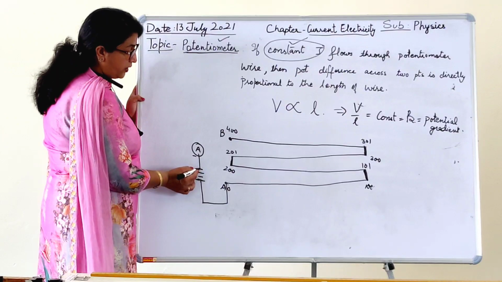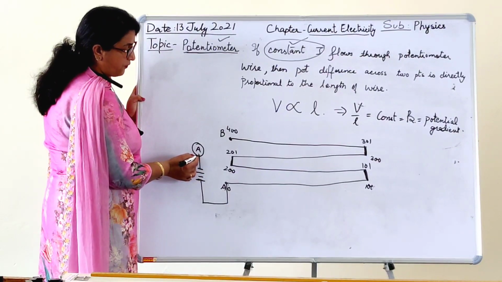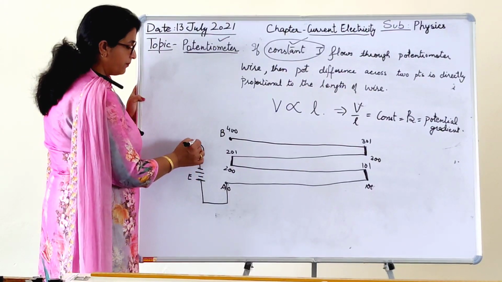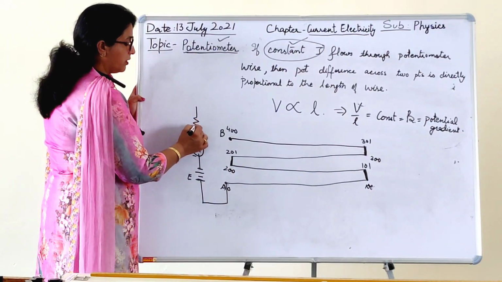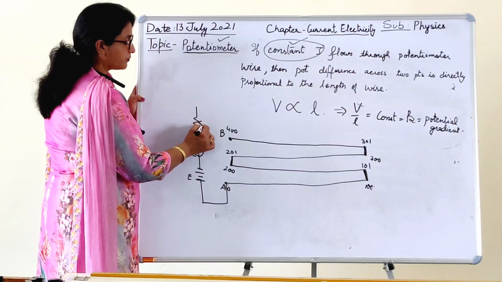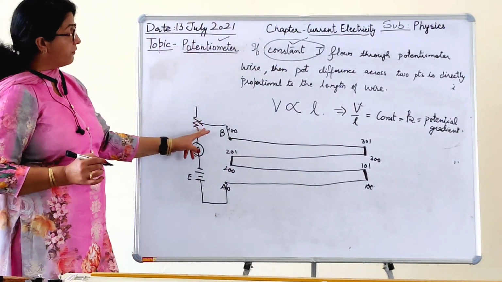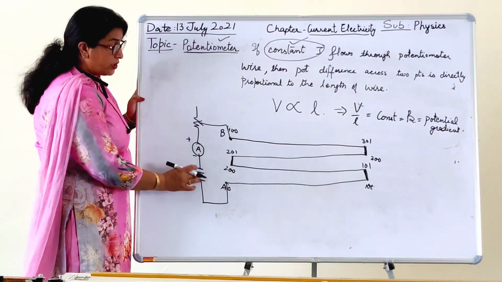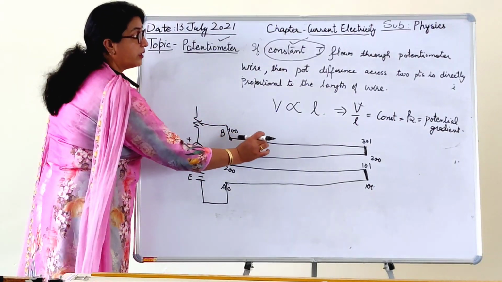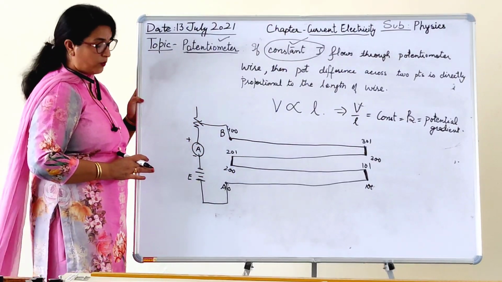Since it is the negative terminal connection, the negative of the ammeter should be connected with the negative. The positive is connected with the rheostat as variable resistance. So this is the circuit which is providing constant current through this potentiometer wire.